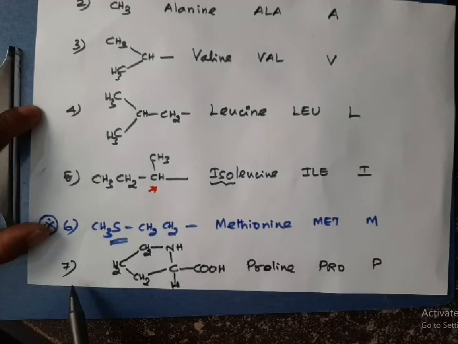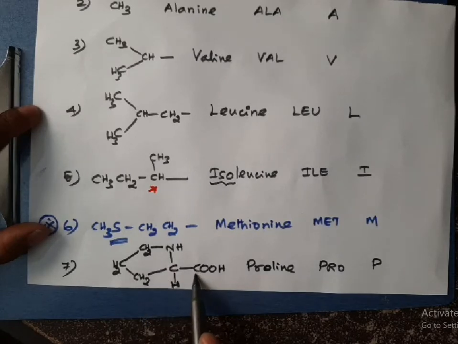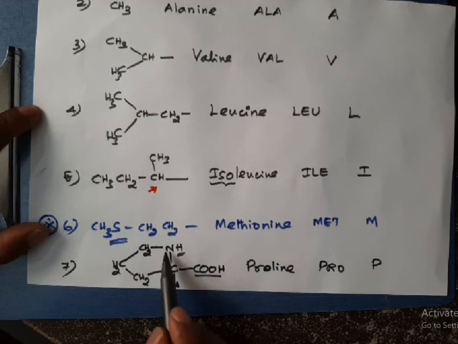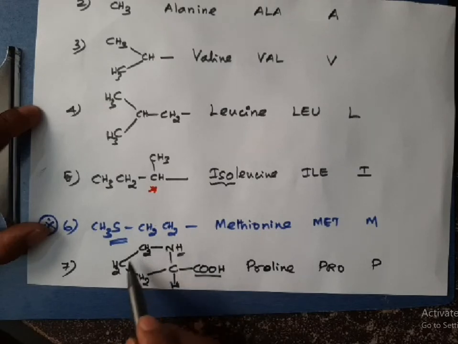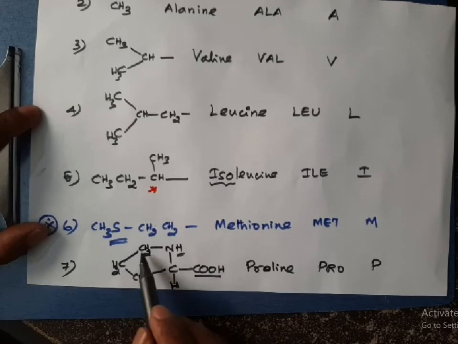Then the next amino acid. Here the carboxylic acid group and the amino group are attached to the same carbon, so it is alpha, and we have a nitrogen. Then a cyclic group is attached to the amino group as well as the alpha carbon. We have a propyl group here, CH2, CH2, CH2, and a 5-membered ring.